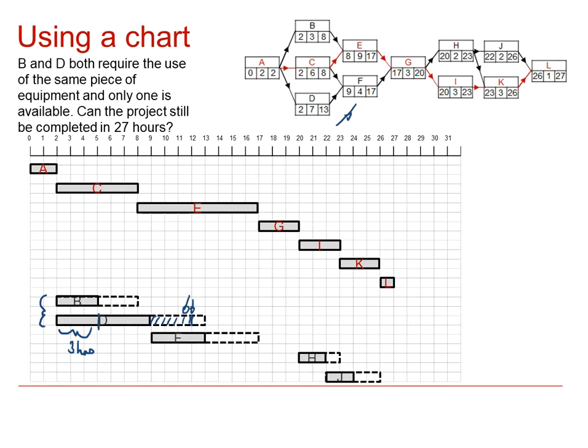So F must wait until this position here to start, and therefore it's going to be delayed by 3 hours. But that's okay, it will still be completed inside its float time. So delaying the start of D and F by 3 hours means that the activities can be completed within their float times, and therefore the whole project can still be completed in 27 hours.